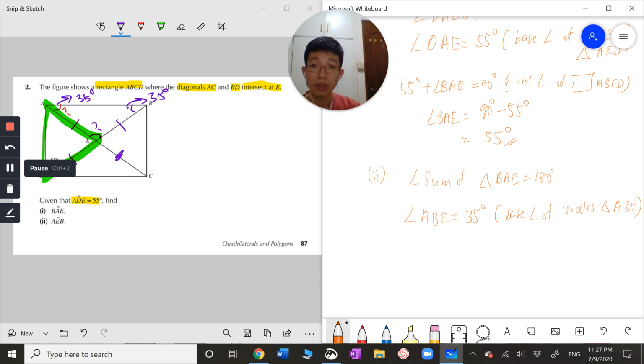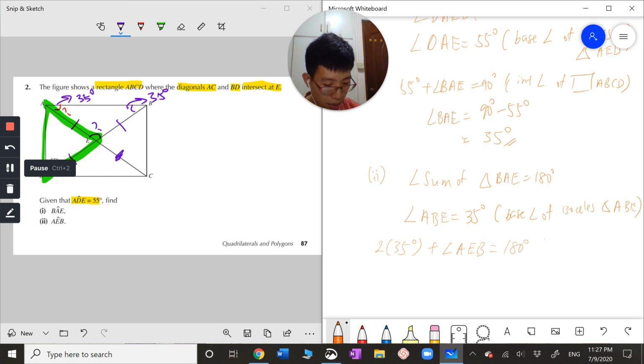So now we have 2 angles out of the 3. We can actually find out the angle that we want, AEB. So 2 times 35 degrees plus angle AEB is equal to 180 degrees.